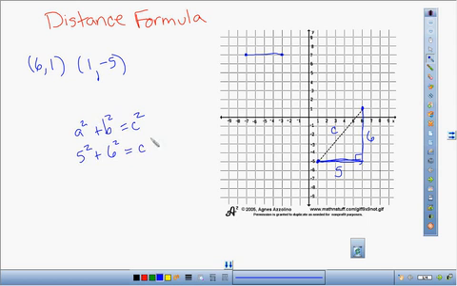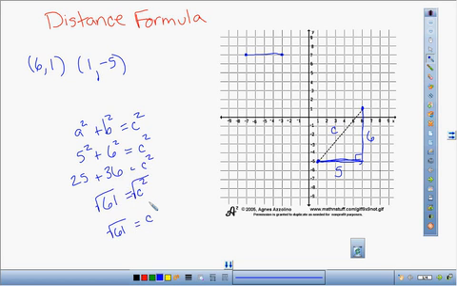So c squared is equal to 25 plus 36. And that's going to be 61 is equal to c squared. Now, we do have to get rid of this squared, so we're going to have to take the square root of both sides. So the exact answer would be that the square root of 61 is equal to C.